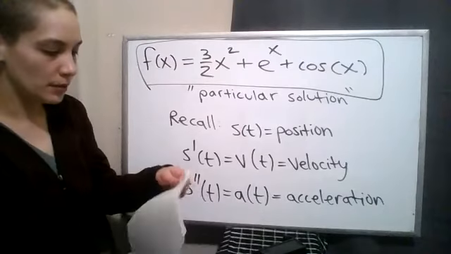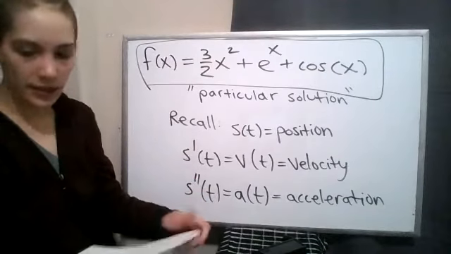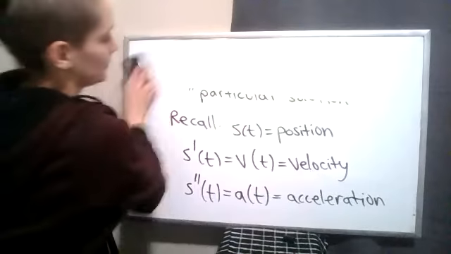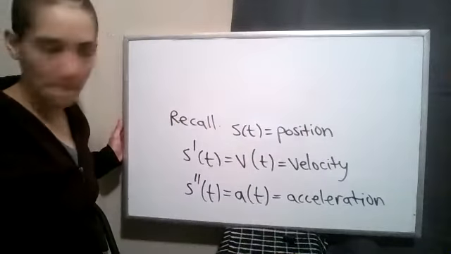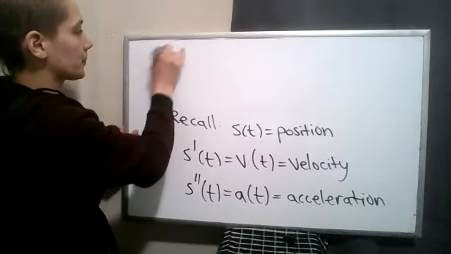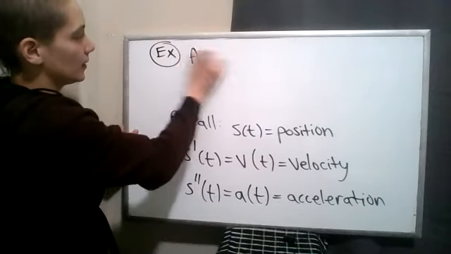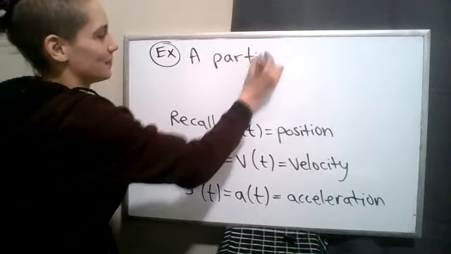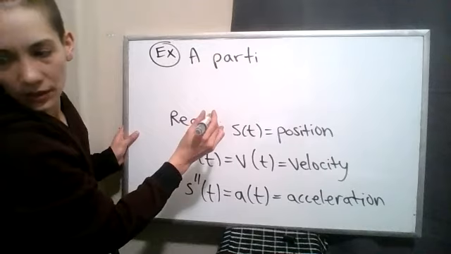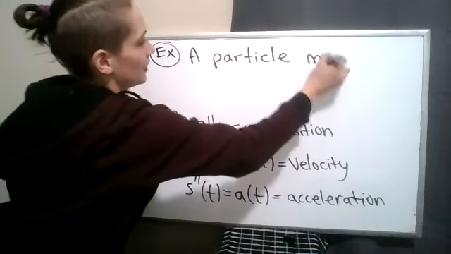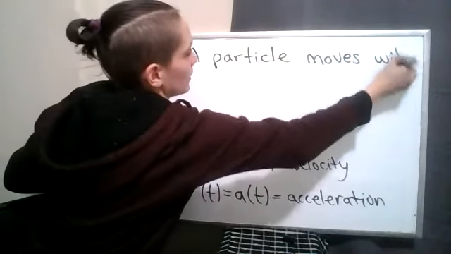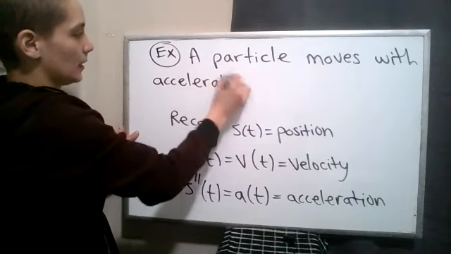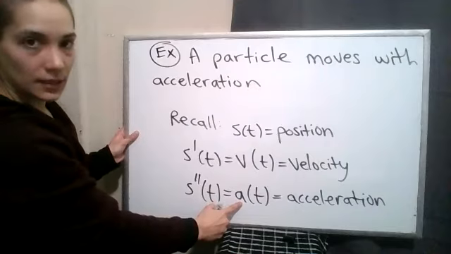A particle moves with the following acceleration, which we call a of t.